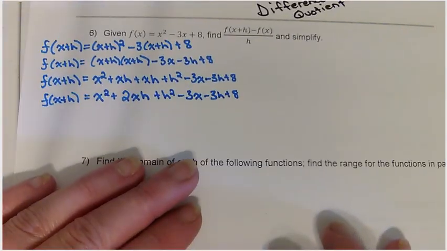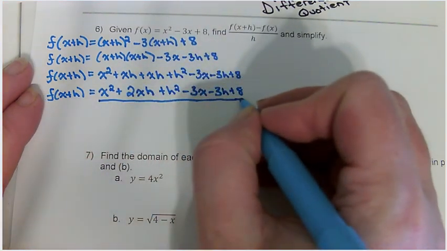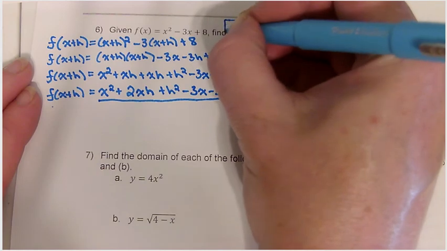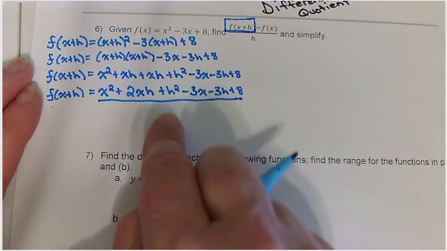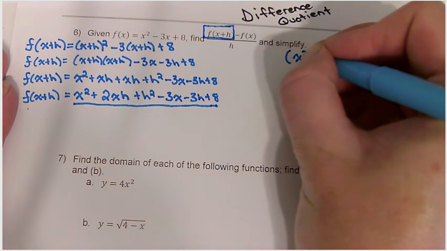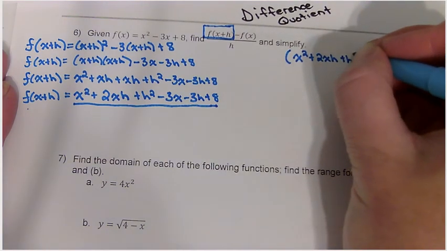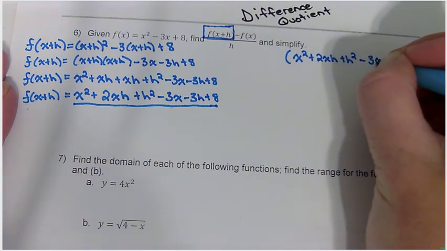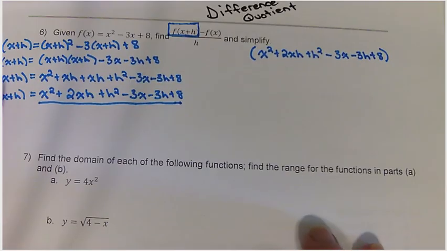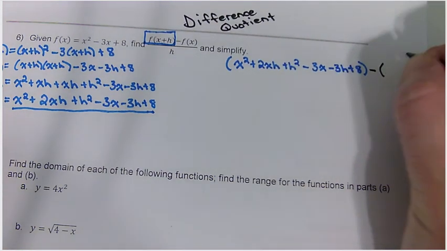So now let's come over and work on the difference quotient. So this is f of x plus h. So in my formula, f of x plus h is going to be this whole expression. It's a new expression. And I'm supposed to subtract f of x. Well, that's my original f of x.